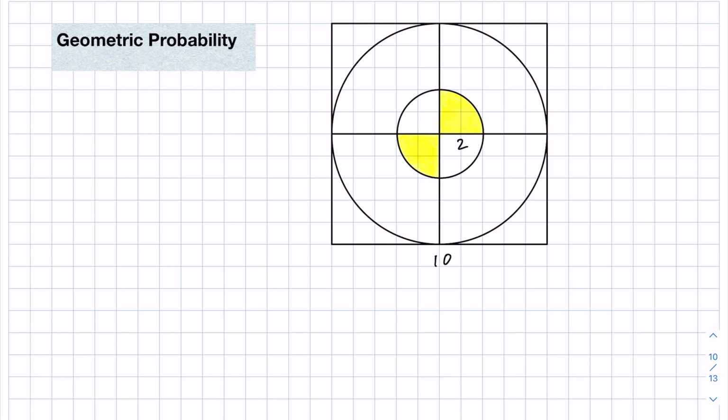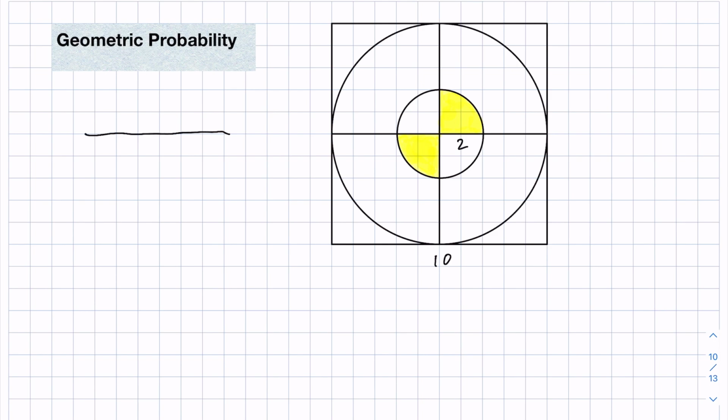So we have to treat this like a probability problem. Our favorable outcome is these sectors, all over the total outcomes, which is the entire dartboard. So the area inside the sectors over the total area.